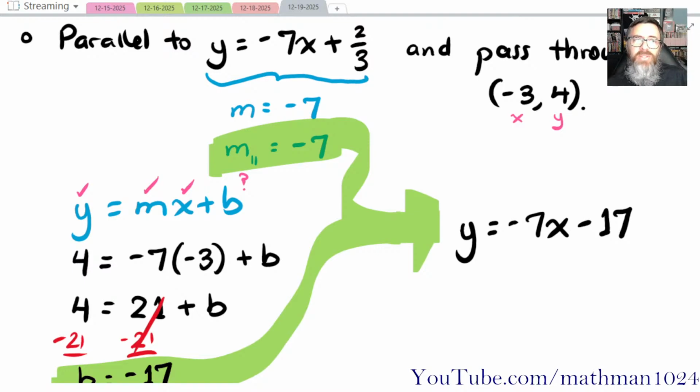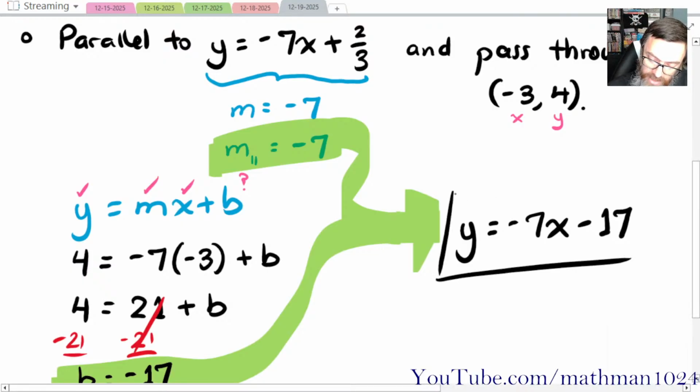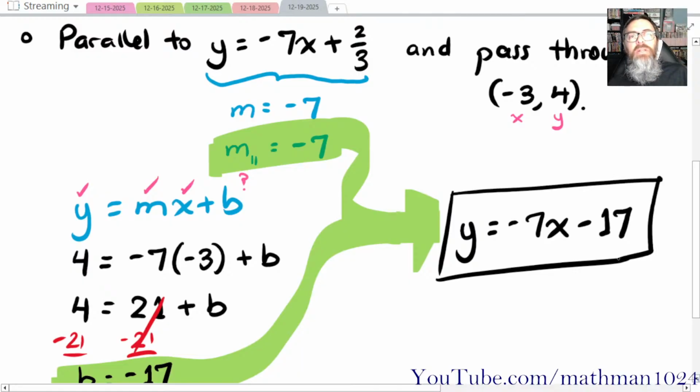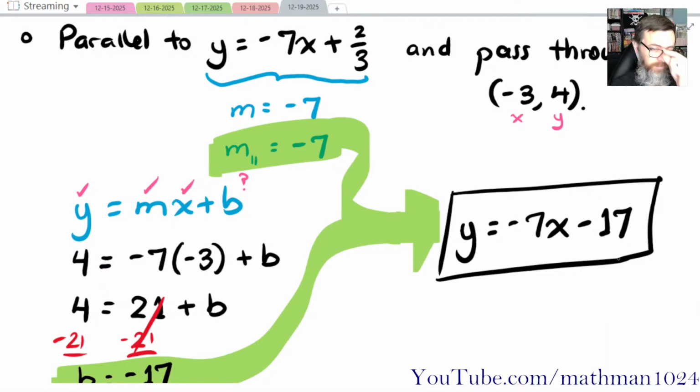And we can test that very quickly by looking at the y-intercepts. The y-intercept for the original equation is going to be (0, 2/3). For this new equation, it's going to be (0, -17). So by starting at different points on the y-axis and having the same slope means they're never going to touch. So they're going to be parallel.